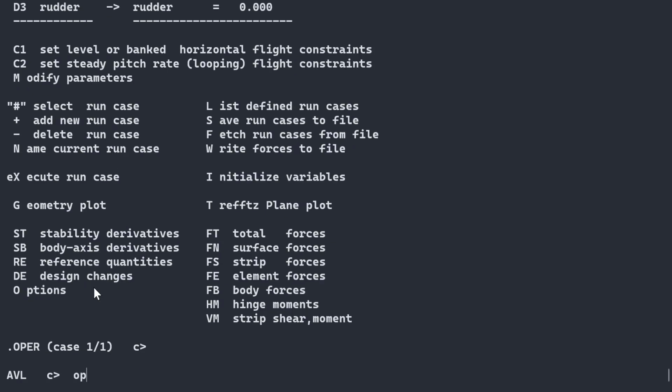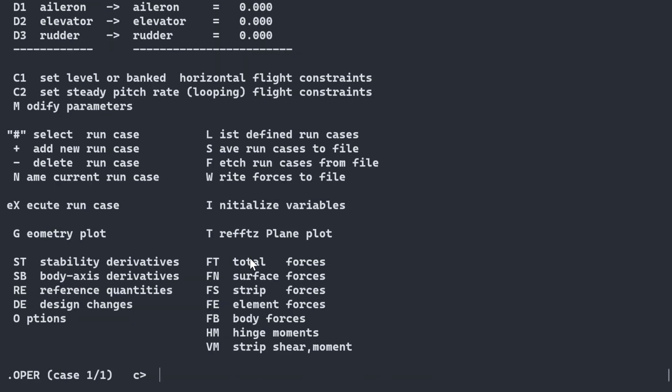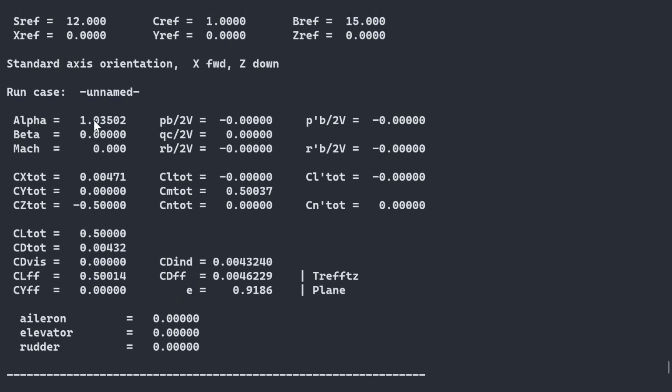Or you can type A and type C. So C means CL. If I want a CL of 0.5, I can type C 0.5 and execute. It'll compute the alpha that gives me a CL of 0.5, right? And along with other forces like Cm, the moment coefficient, and you also have CD induced, right?